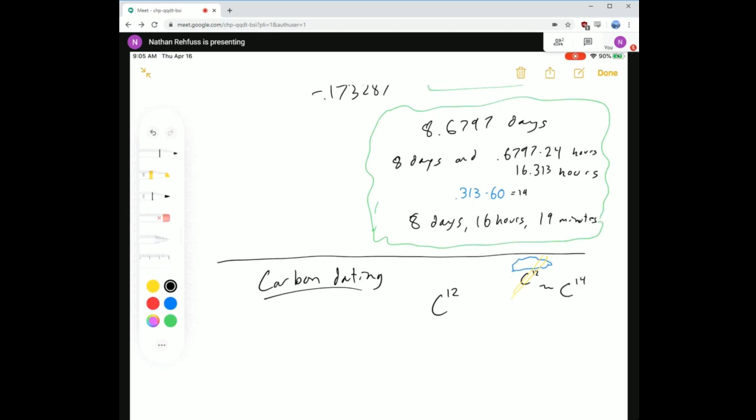Now, carbon-12 is stable. Carbon-14 is radioactive, as in carbon doesn't actually enjoy holding 8 neutrons, and every so often, a carbon-14 atom is going to just shoot a particle straight out of it.